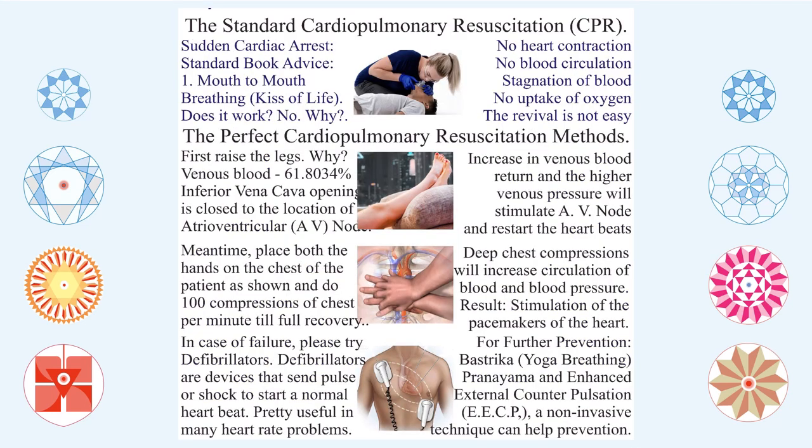Now, having explained, before I go to this particular slide, let me tell you a little more about the heart's functions with respect to diastolic and systolic blood pressure. Systolic blood pressure is the highest blood pressure, when the ventricles are pushing blood to the system.